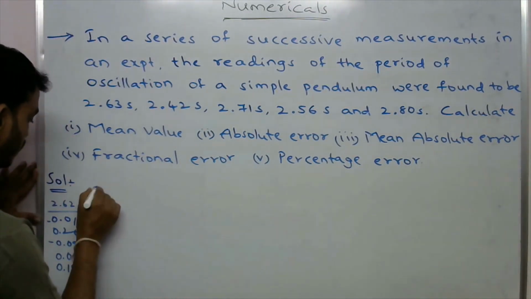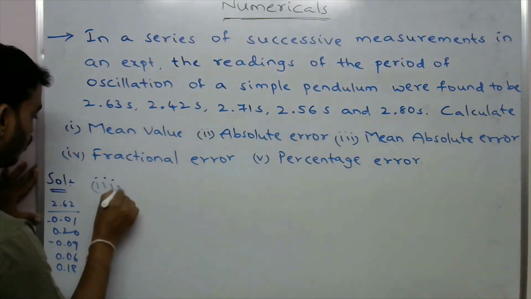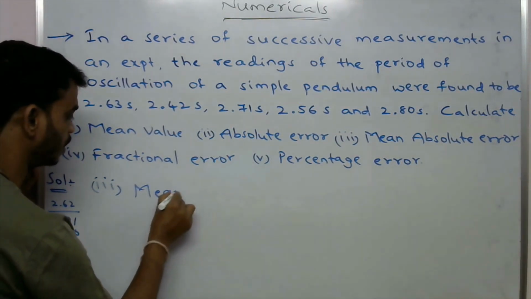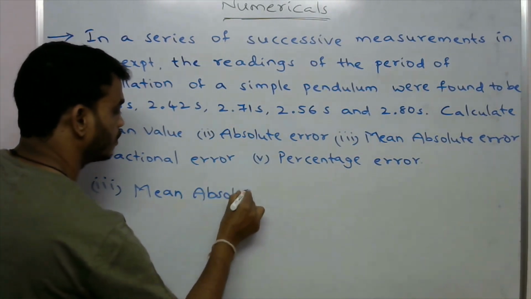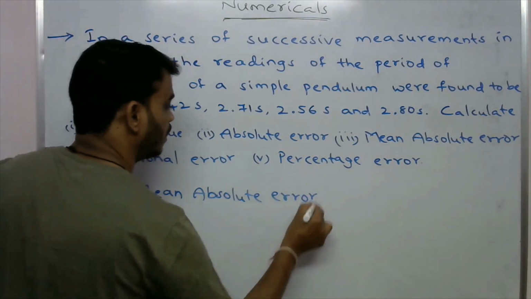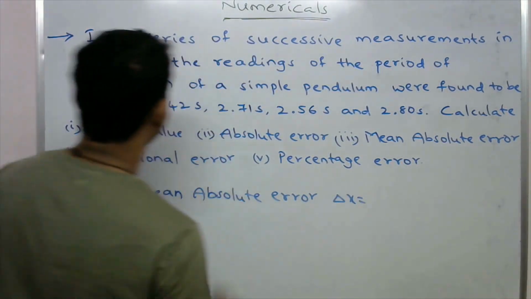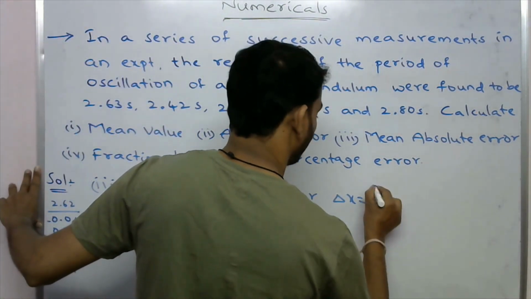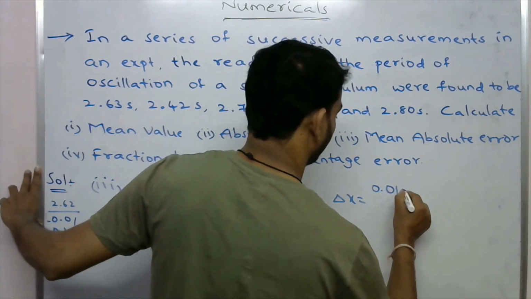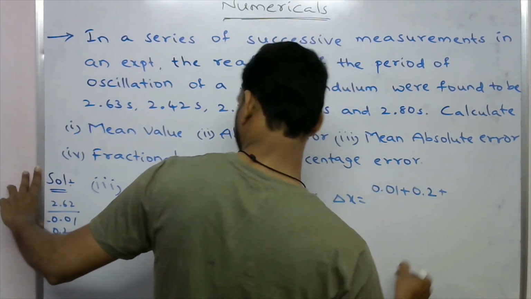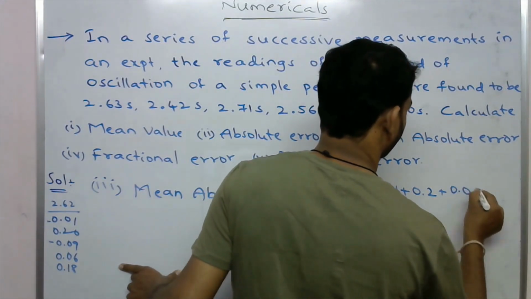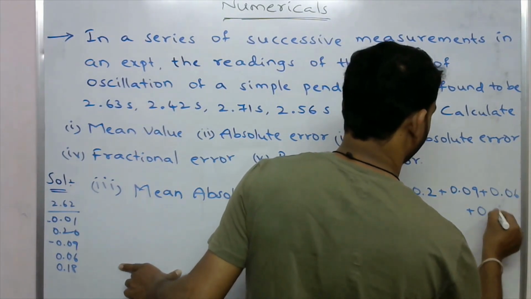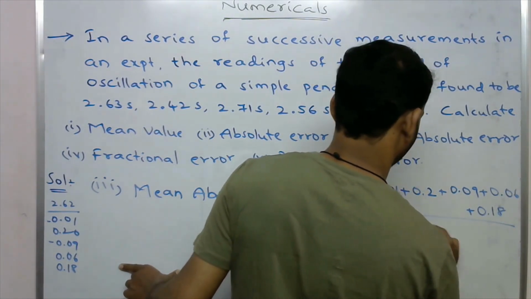So the third one is mean absolute error. Mean absolute error is delta x is equal to the sum of all these values: 0.01 plus 0.2 plus 0.09 plus 0.06 plus 0.18, divided by 5.